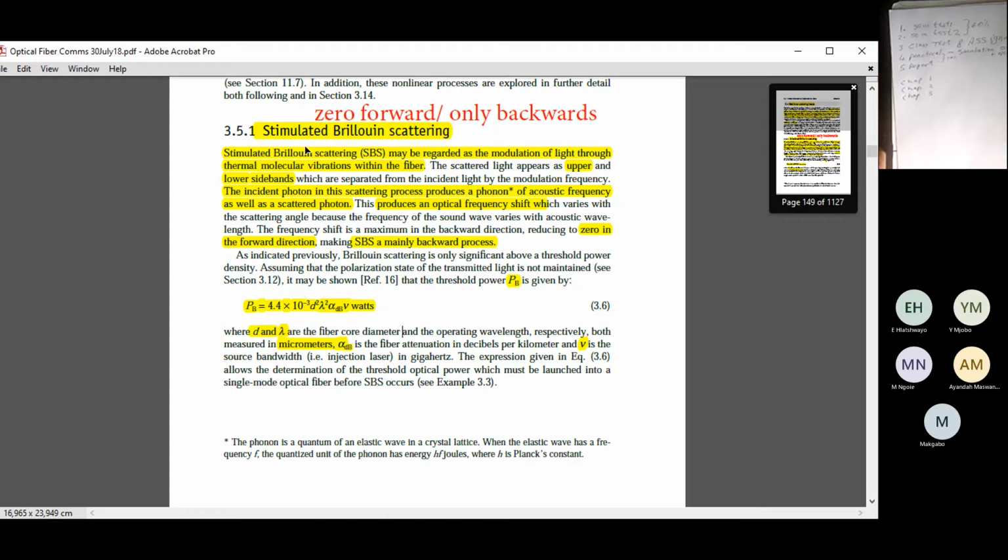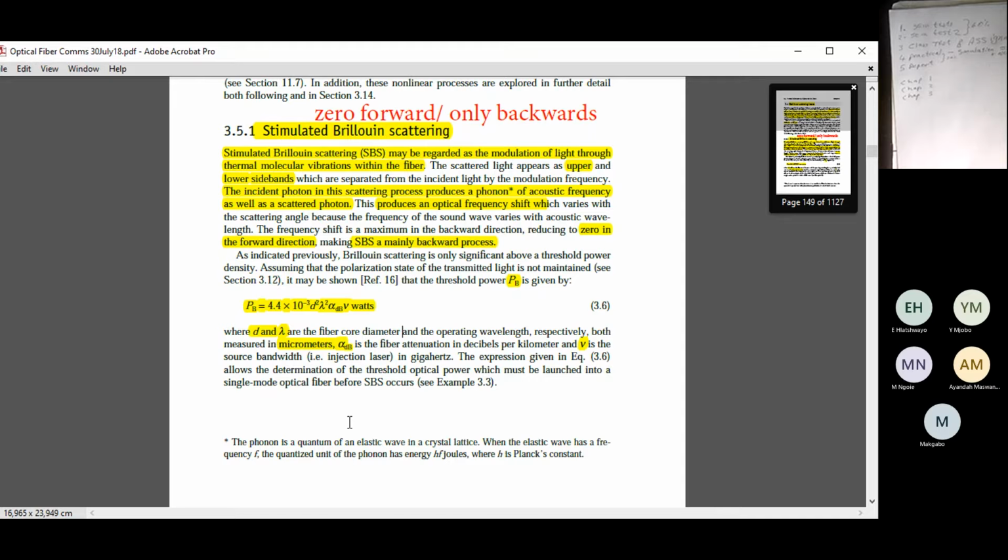This is for SBS scattering. It's only backwards, like I told you. In other words, the scattering goes back to the laser. The laser source injects light into the fiber, and the backward scattering goes back into the laser. And you know what this SBS Brillouin scattering is going to do? It's going to damage the laser.